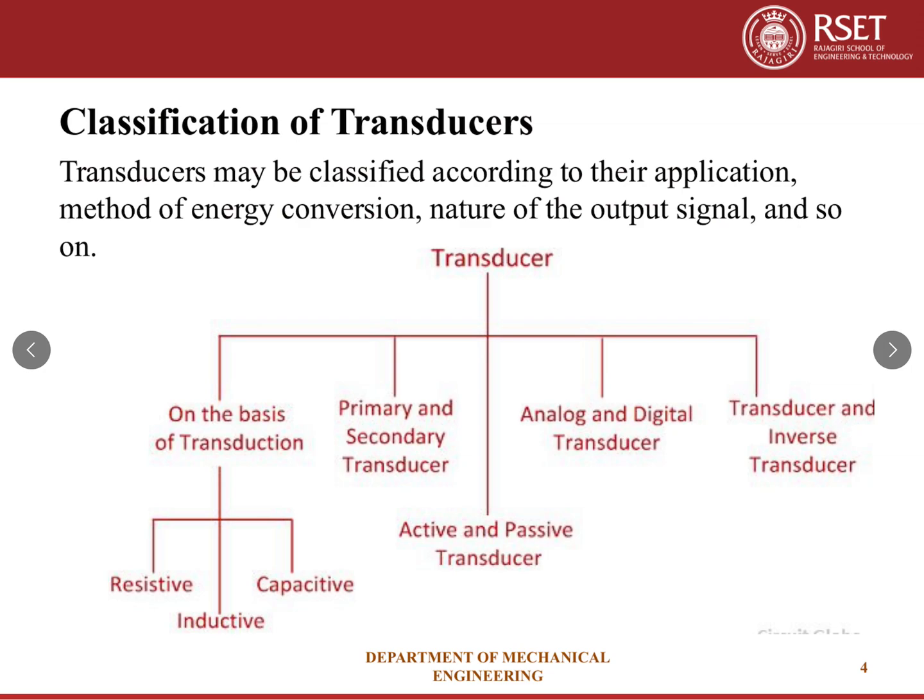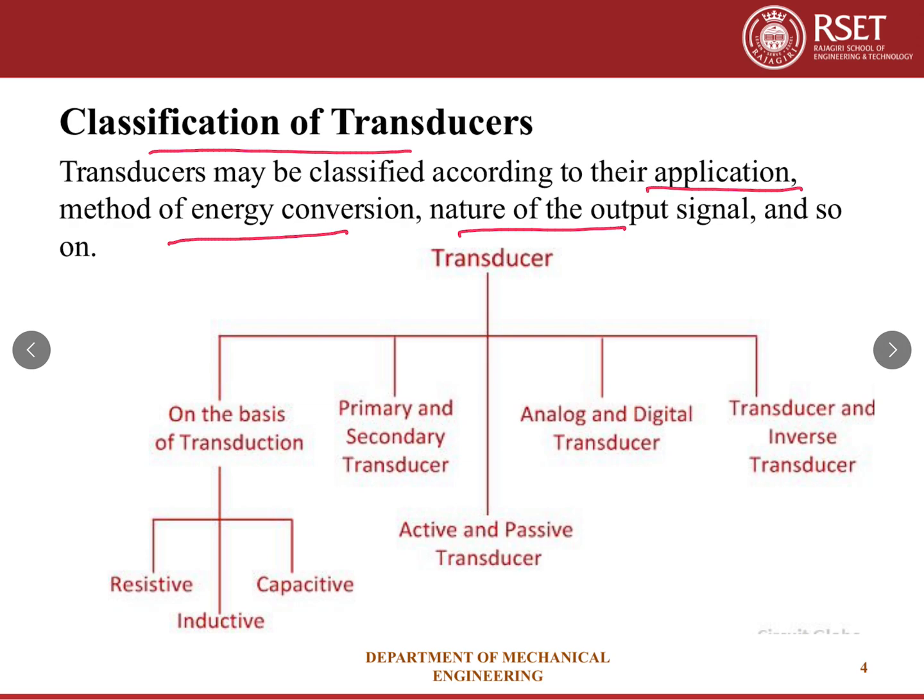Now we are moving to the classification of transducers. Transducers may be classified according to their application, the method of energy conversion, the nature of output signal, and so on. This diagram represents the basic classification of a transducer.